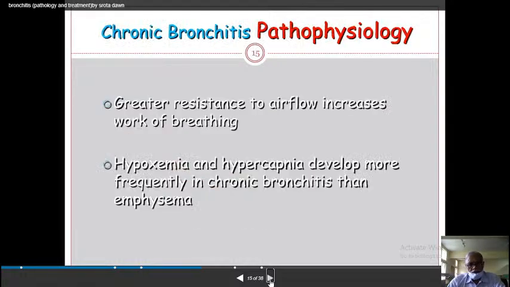Then you have greater resistance to airflow, which increases the work of breathing because air has to pass through a narrowed bronchial tree. Hypoxemia and hypercapnia develop more frequently in chronic bronchitis than in emphysema.